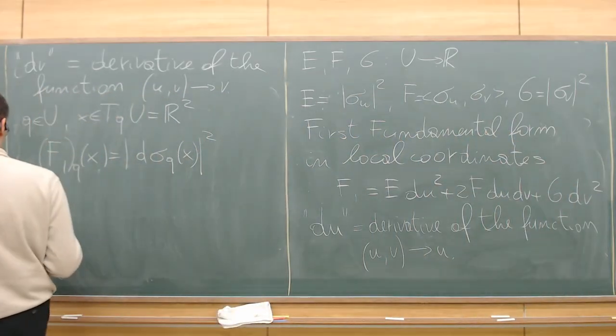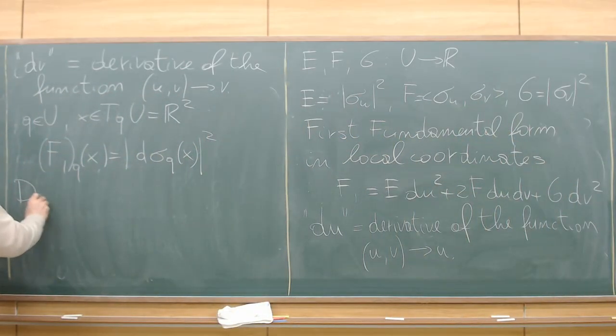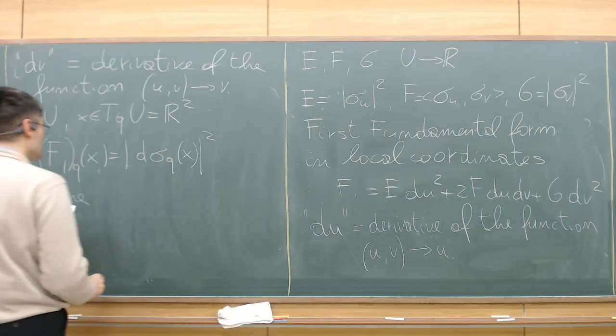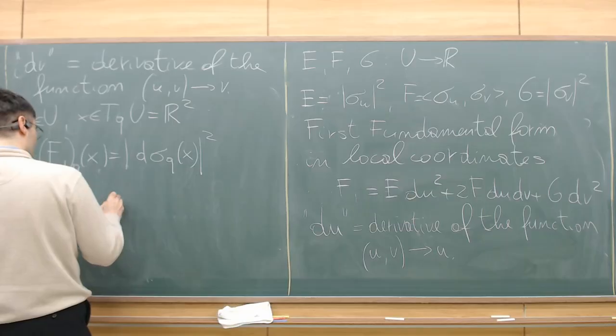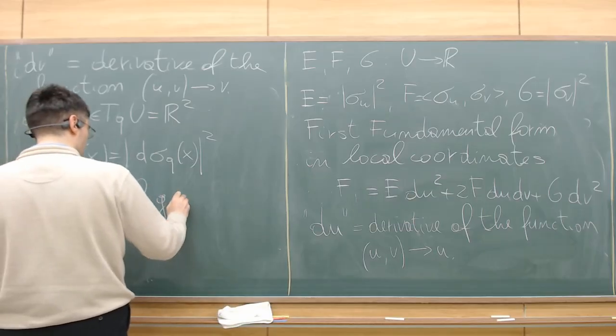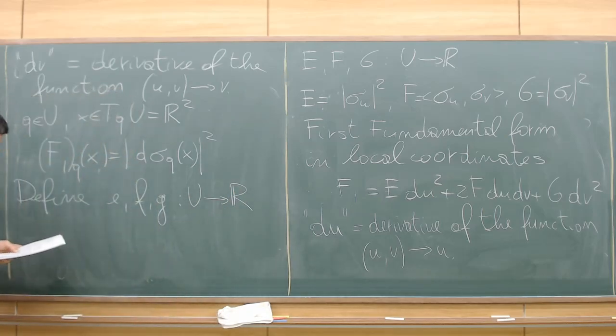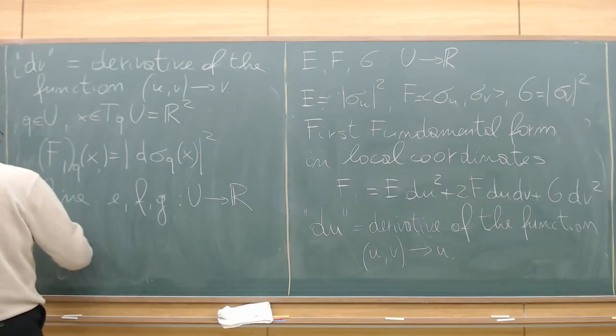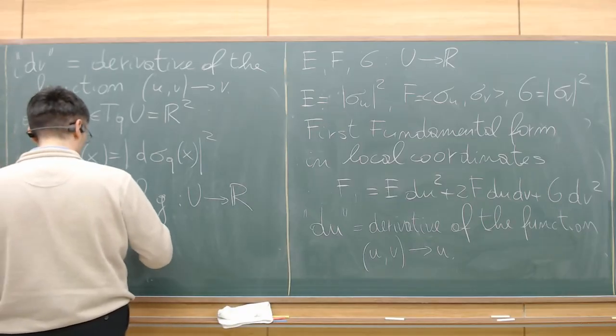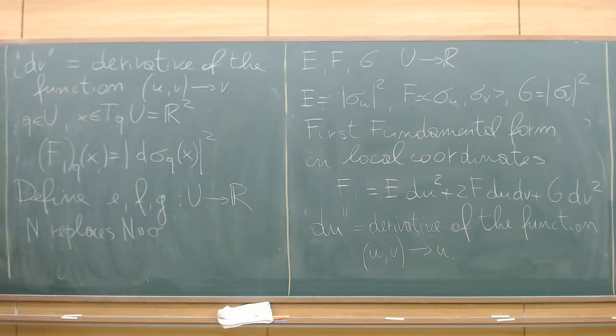In order to do this, we define three auxiliary functions: E, F, G, and we use the simplified notation according to which n replaces n composed with sigma, and I drop everywhere the point Q where I'm evaluating these functions.